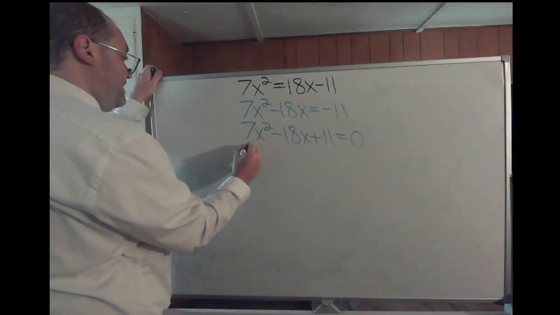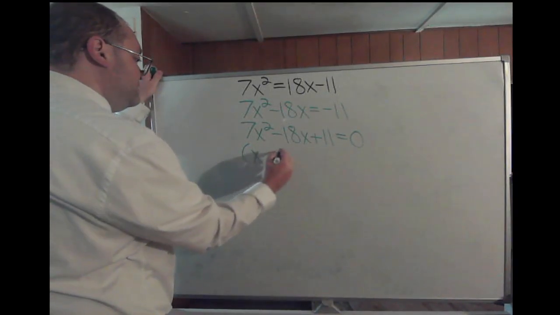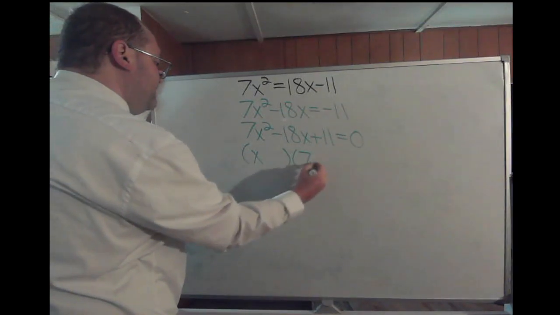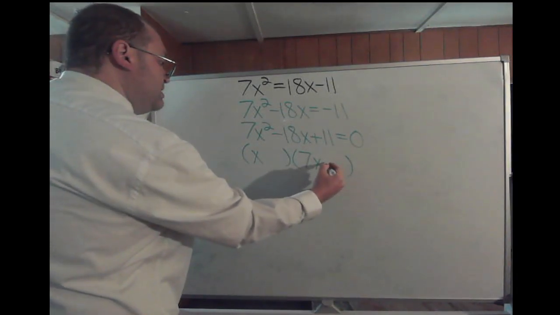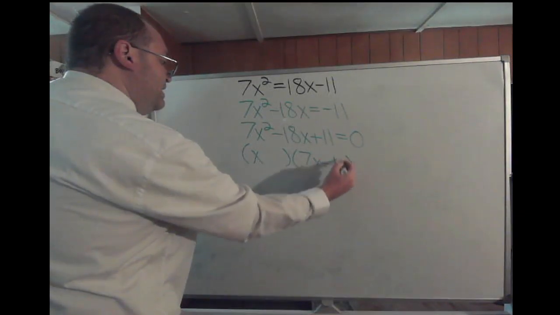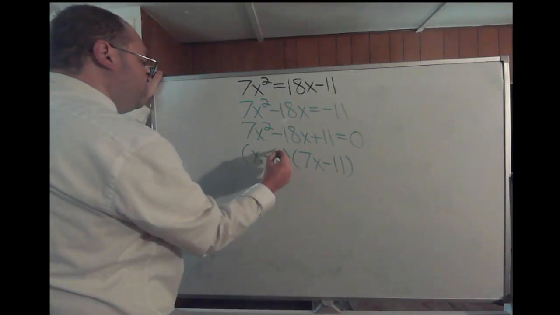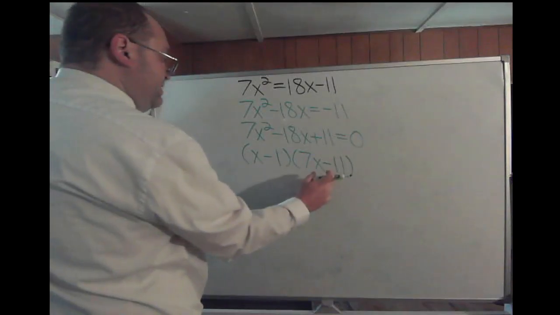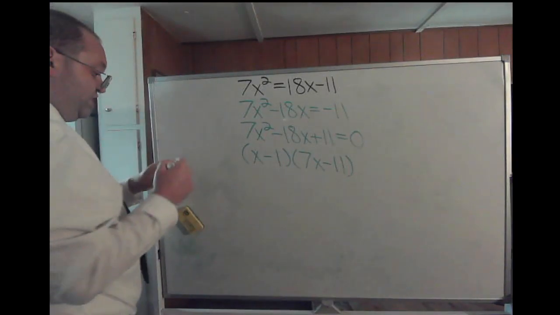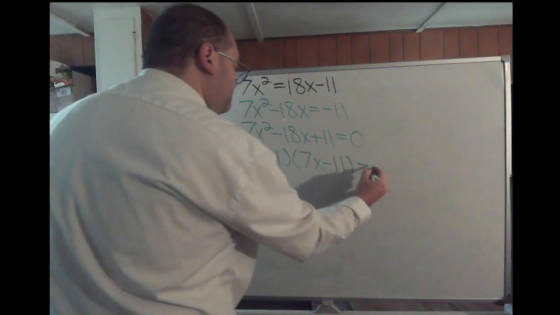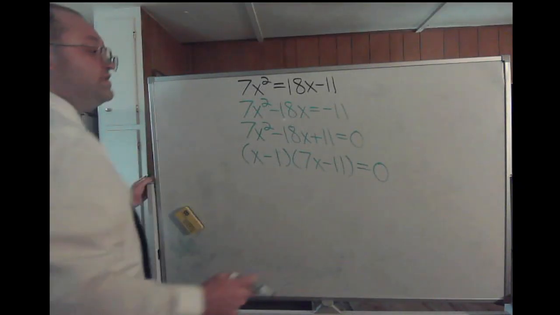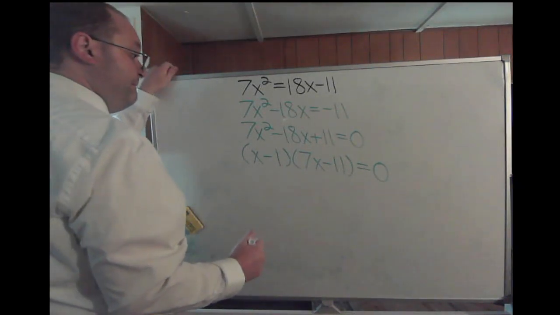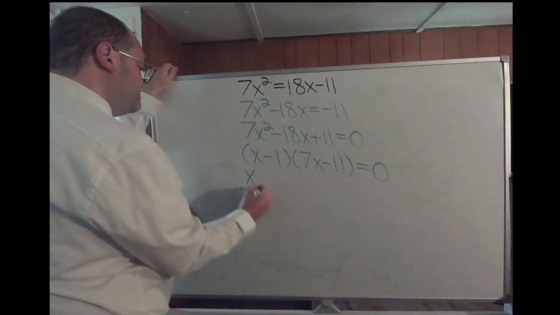Now we got something we can factor. So let's go ahead and factor this out. Take your x, take your 7x. See, minus 11, minus 1, minus 7x, minus 11. Yep, alright, that checks out. So your factors of this would be x minus 1 times the quantity of 7x minus 11. So set each of those factors equal to 0.